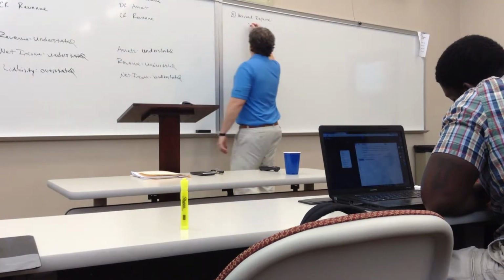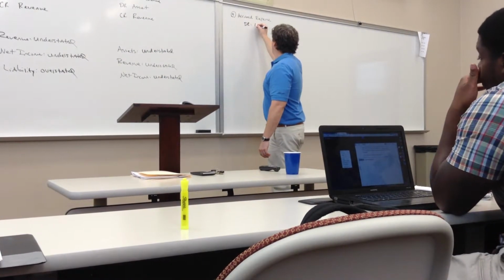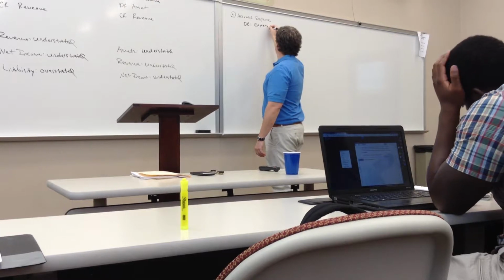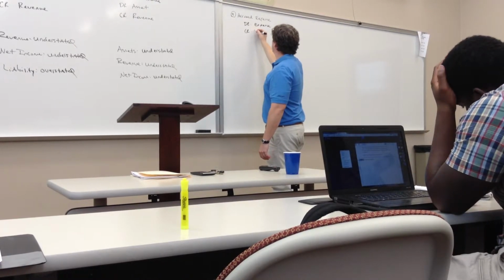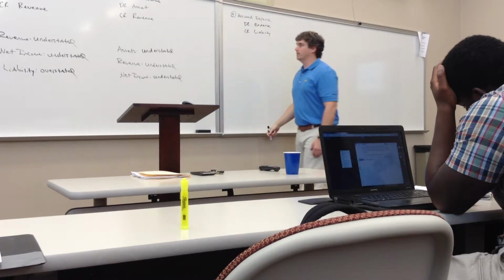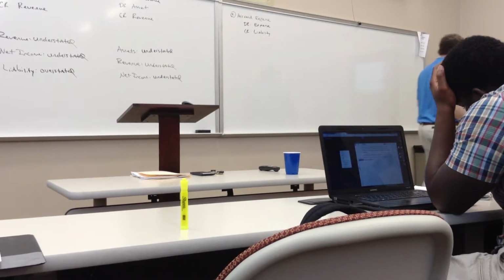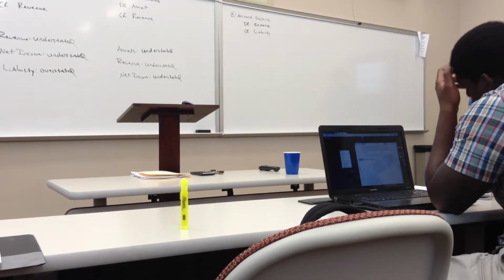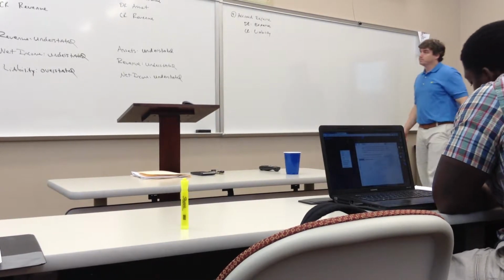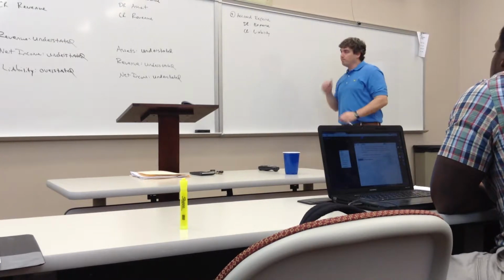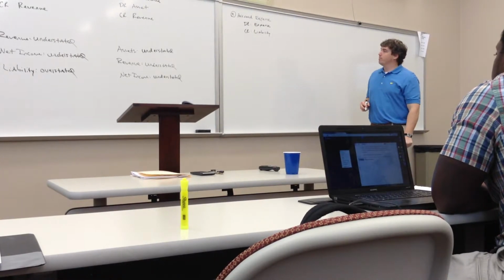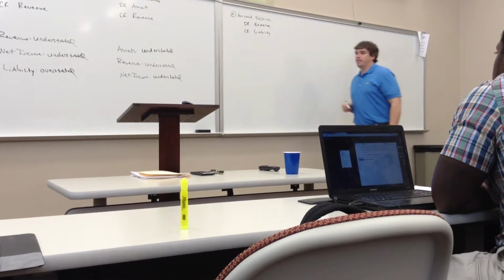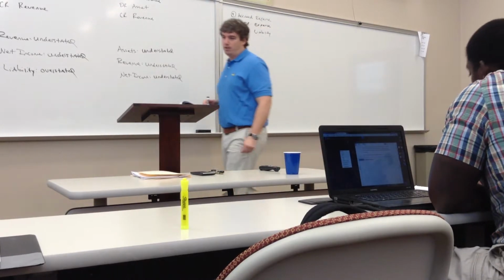Here's the general form. I will debit an expense. I will credit a liability. Okay? I'll debit some expense and I'll credit some liability. The definition of accrued expense is on page 115.